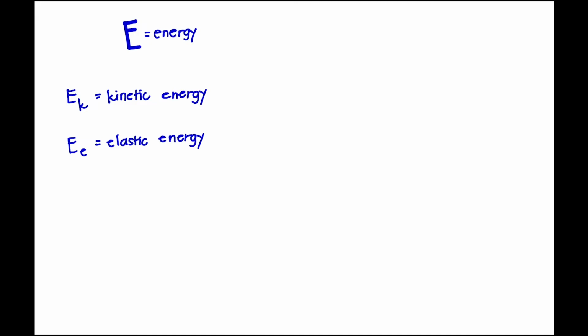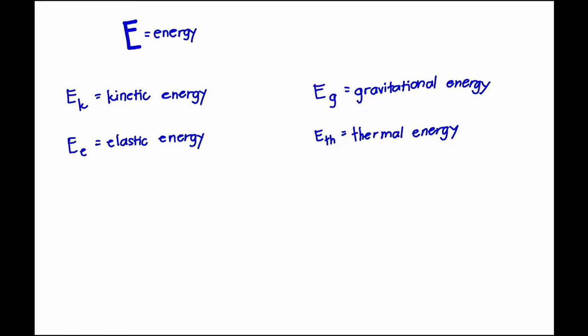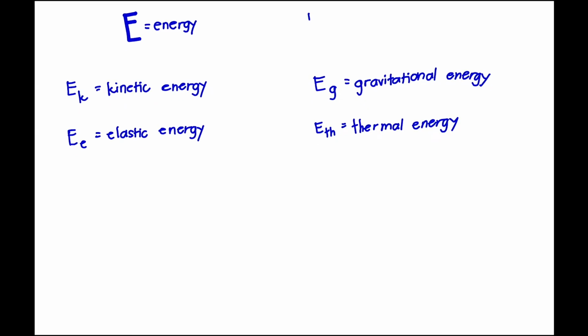Something that has a relationship to the ground, its position in relation to the ground, is going to be called gravitational energy. And the last one, temperature, we are going to call thermal energy. We don't call it E_T because E_T means total energy.